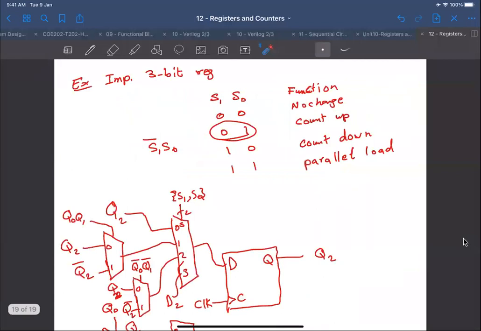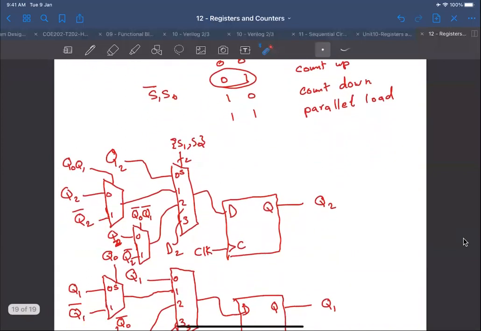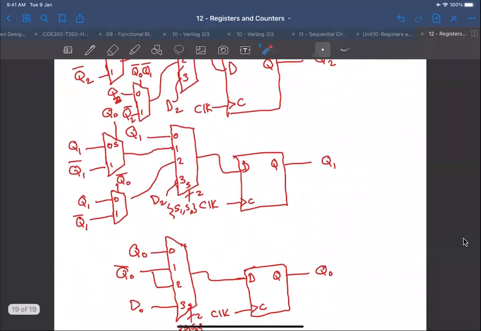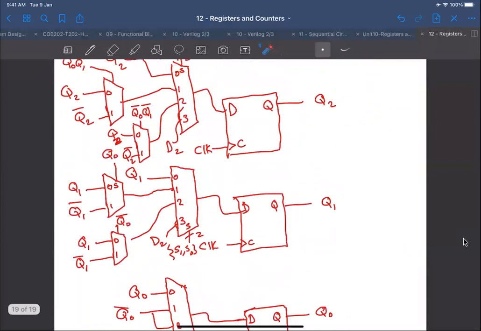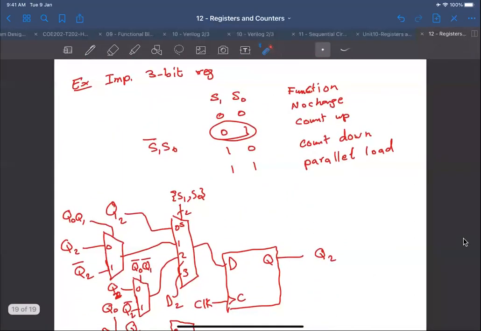Next, I'm going to discuss implementation of a 3-bit register that combines counting and register operations. Let's do it quickly here. I have drawn it. I'm sorry about the way it's drawn. I'm going to clean it, inshallah, in the notes. So this is my function table of my 3-bit register.